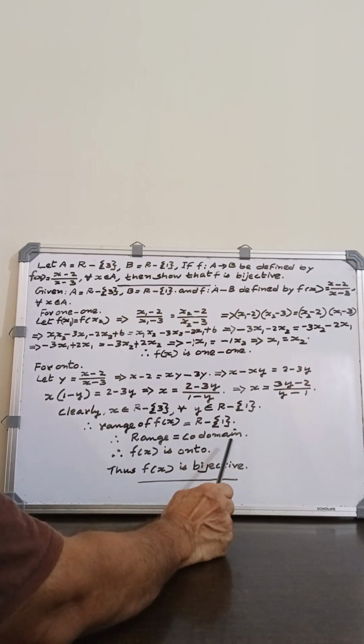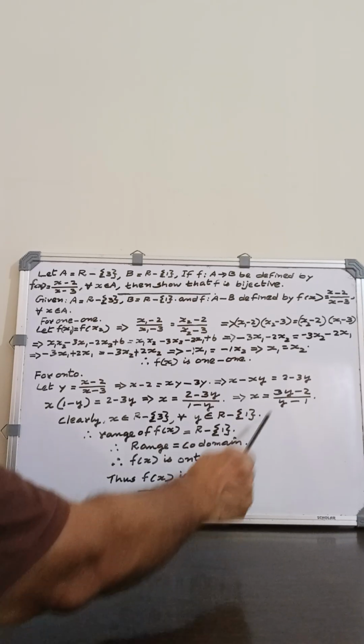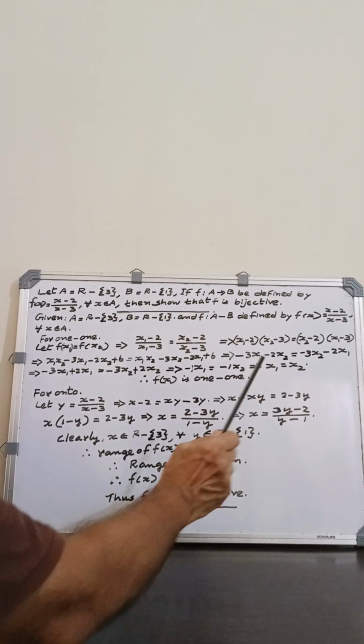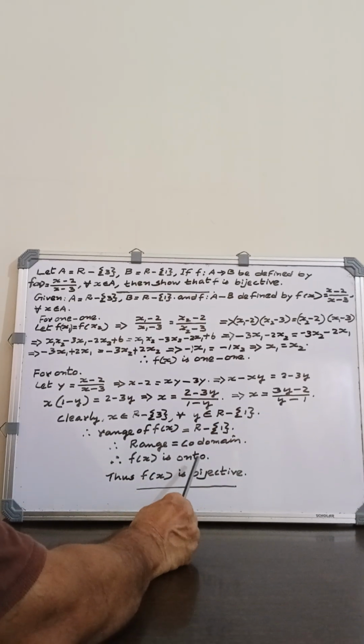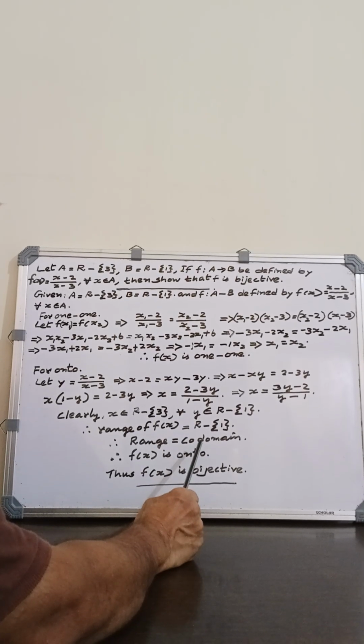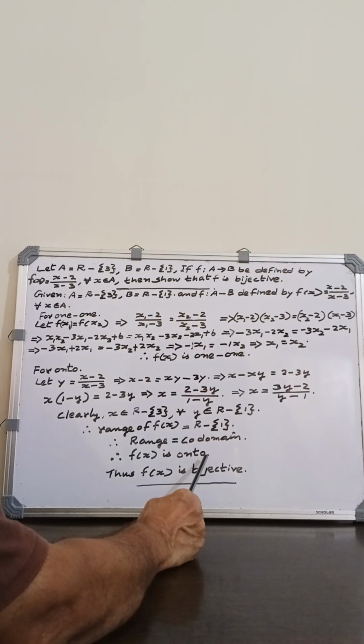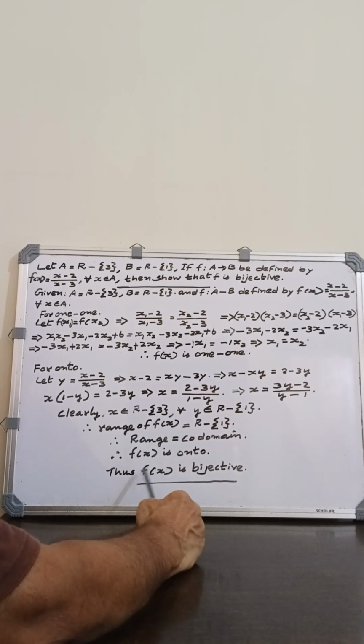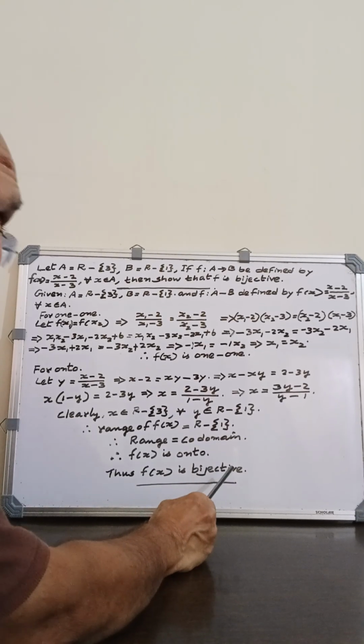Therefore, range is codomain. Here, codomain is B. Therefore, f(x) is onto. From this, we can conclude that f(x) is onto. Thus, f(x) is a bijective function.